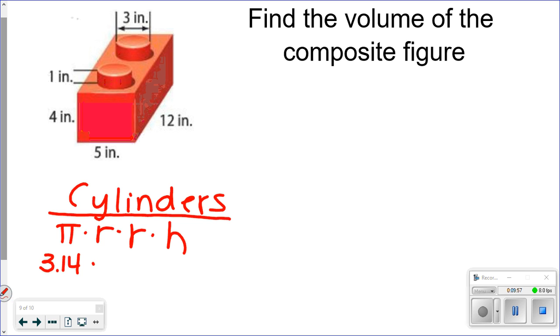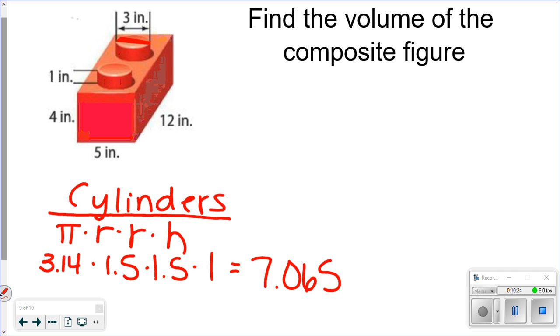The radius of this, so if this is the diameter, what's my radius then? That's 3, what's my radius? Yep, 1.5 times 1.5 times the height, which is just an inch. This is what I got for 1.